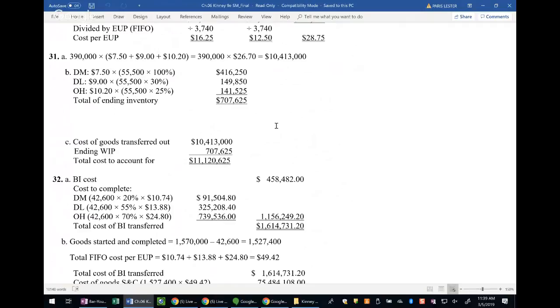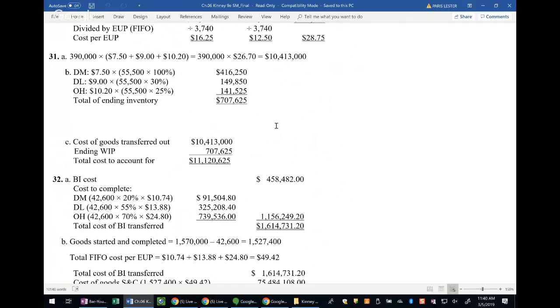Units completed during February was 490. Units started, units in ending inventory. That's the direct materials. And that's the direct labor, 30% complete as to direct labor, 25 for conversion cost for overhead.